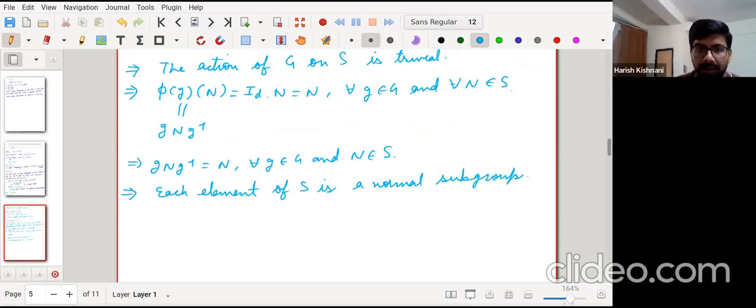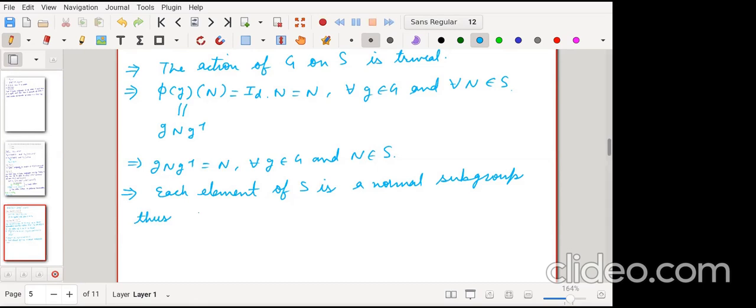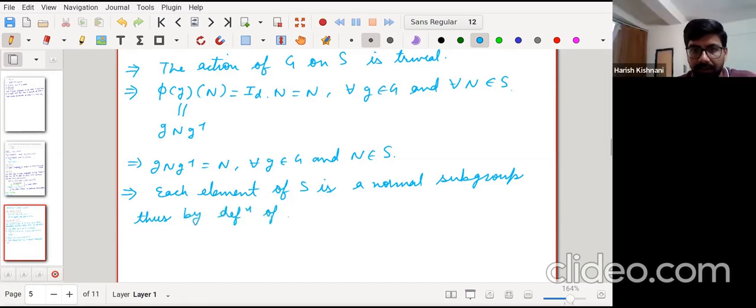Okay, and thus by definition of S, what kind of elements do you have in S? They are just conjugate to each other. Thus, by definition of S, we have cardinality of S to be just one, because all are normal and they are just conjugate to each other.